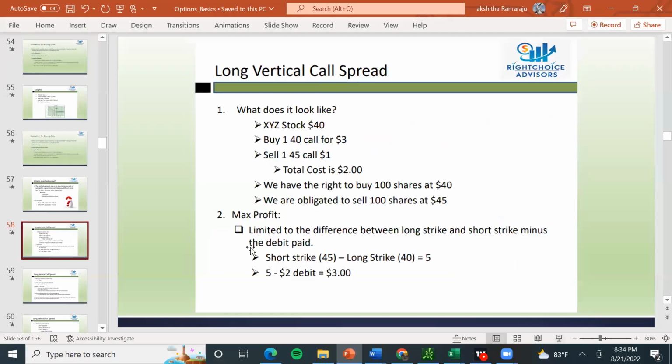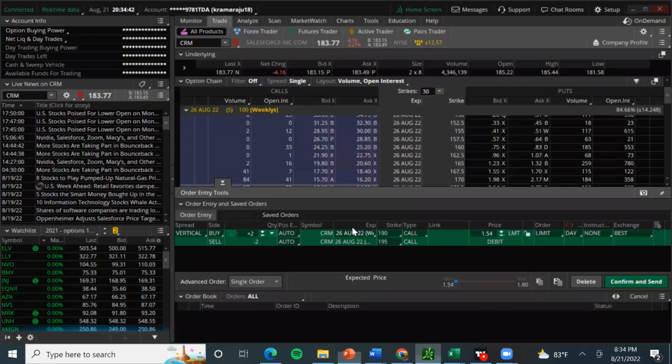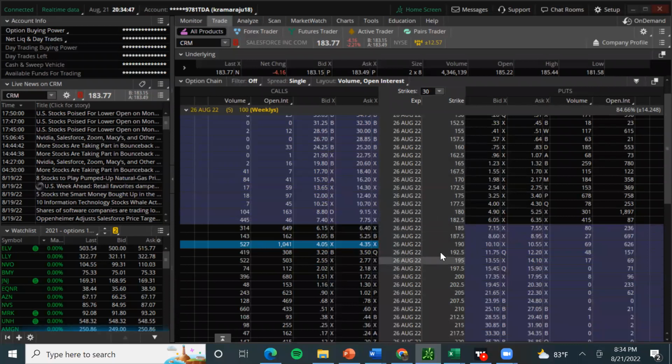The risk is if the stock is moving huge, instead of moving up to between 190 to 195, if the stock moves to 200 or 205, then your profit potential got reduced because you are making good money on this, but you are also losing some money on this 195 because you sold a call. So these premiums will increase. So your profit potential gets reduced, but still, right?